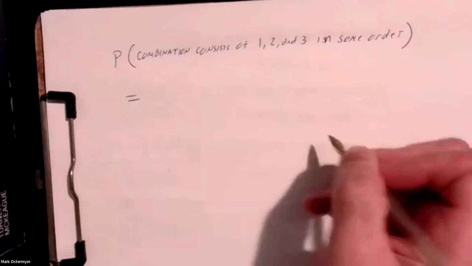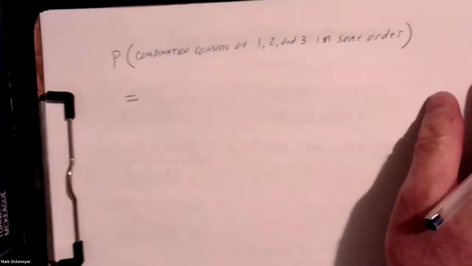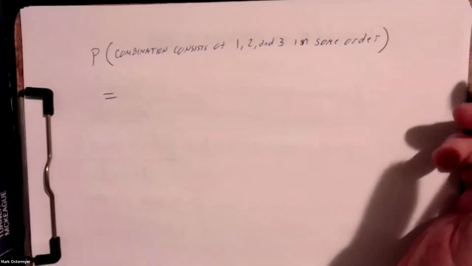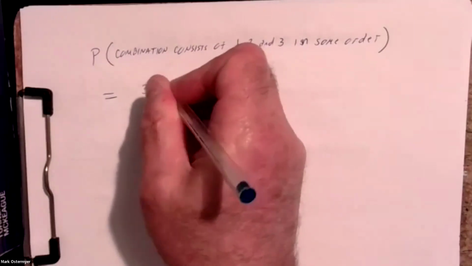All right, so how many ways can we select 1, 2, and 3 in some specific order from the numbers 1, 2, and 3? Well, that's going to be 3 permuted 3 ways, because again, we want these numbers 1, 2, and 3 to be in some order here.